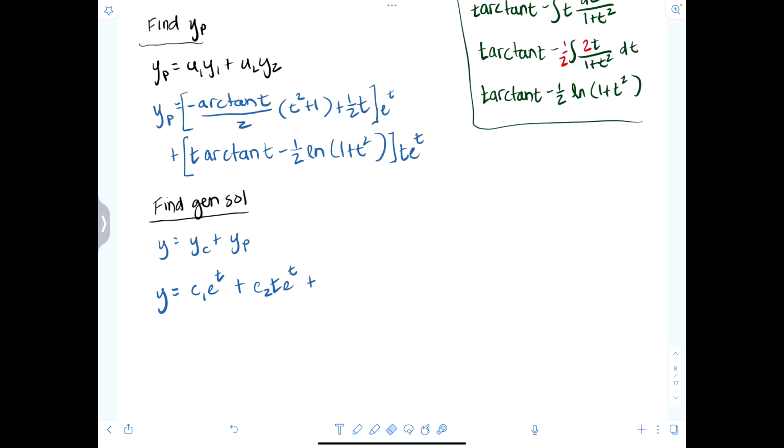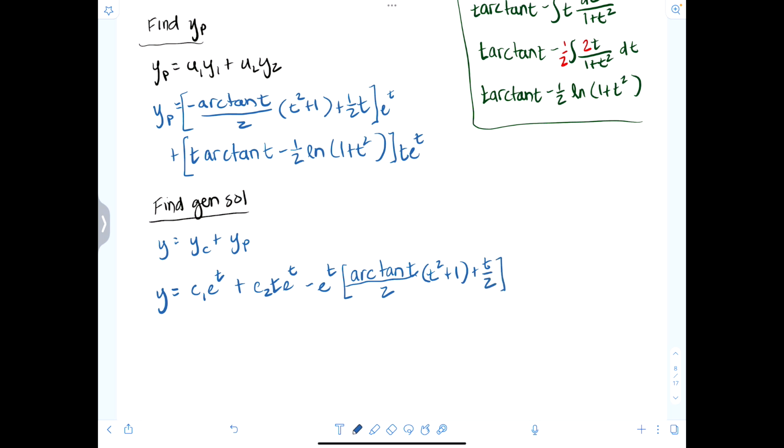So actually I'll write it as minus e to the t times arctangent t over 2 times t squared plus 1 plus t over 2.